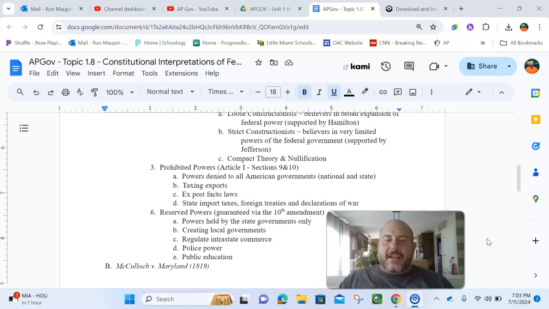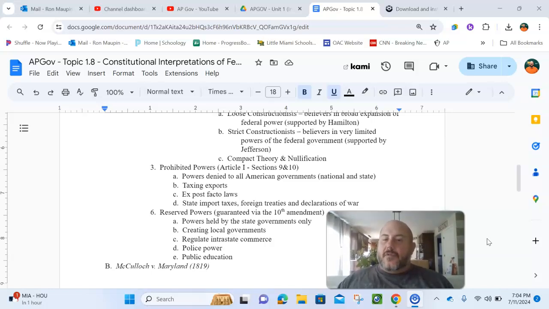They only exist due to the state governments allowing them to exist, and so that's a 10th Amendment power. Any type of creation, reformation, dissolving, merging, etc., is all done at the blessing of the state government.